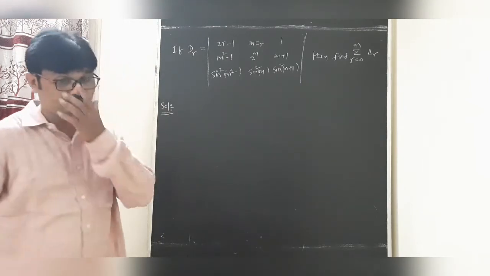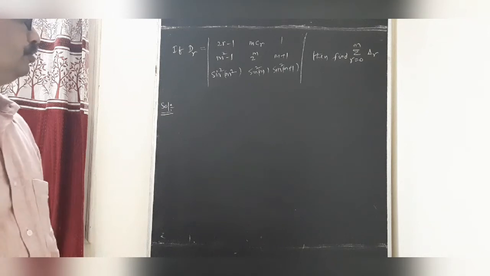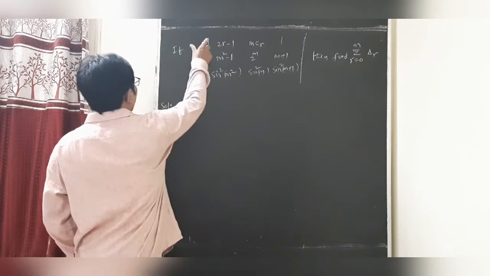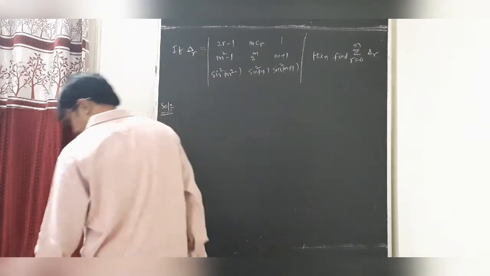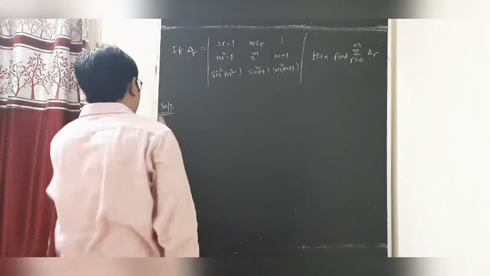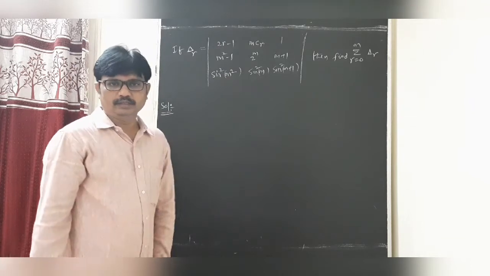Objective exclusively. So dear students, we find the sigma r equal to 0 to m delta r. What is this, students? This is delta r. Dr is nothing but delta r. So dear students, how to write the determinant?